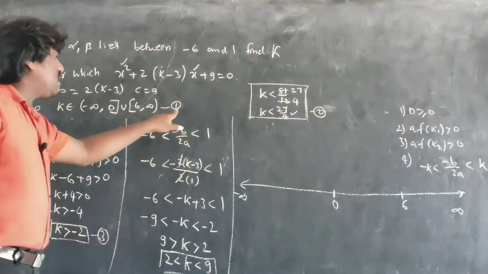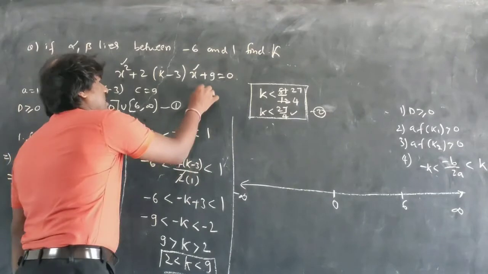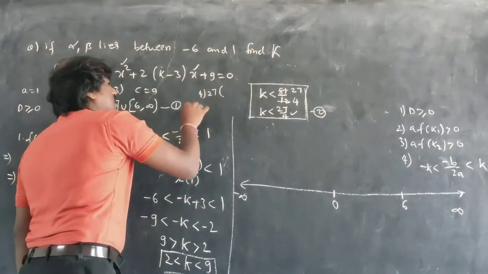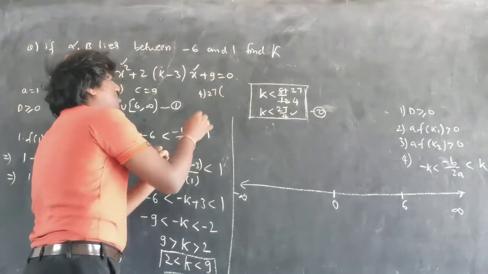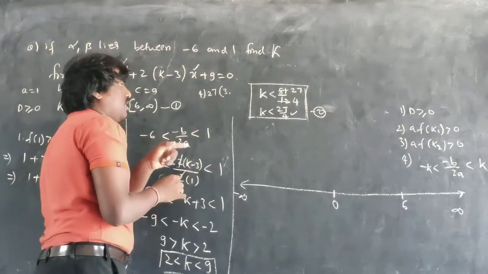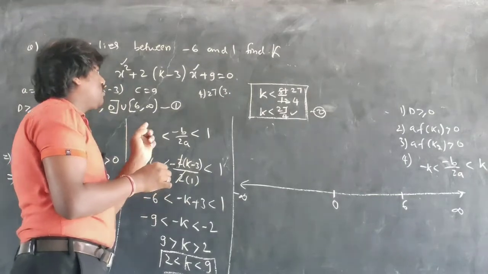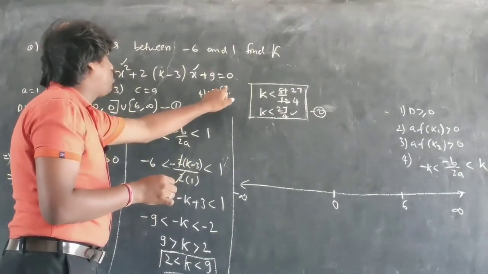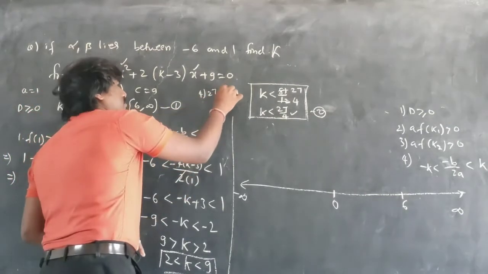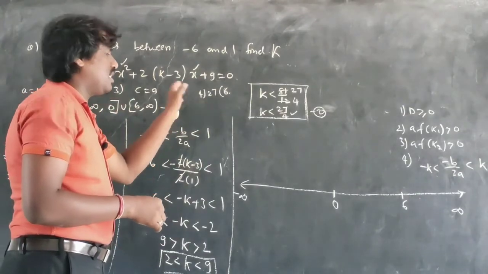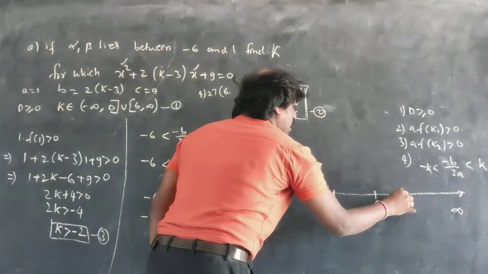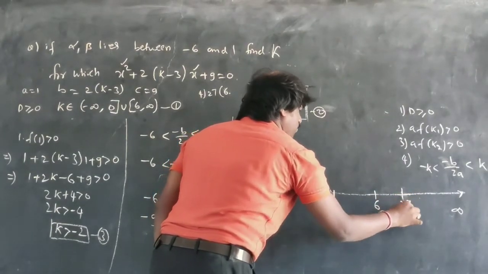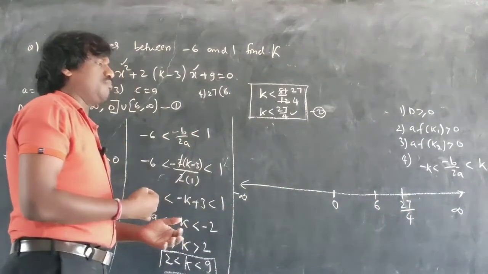In this case here, 27 by 4, if you divide, 7 fours are 28, so this is 6 point something, that is more than 6. This is 6, and the next one is 27 by 4, which is 6 point something.